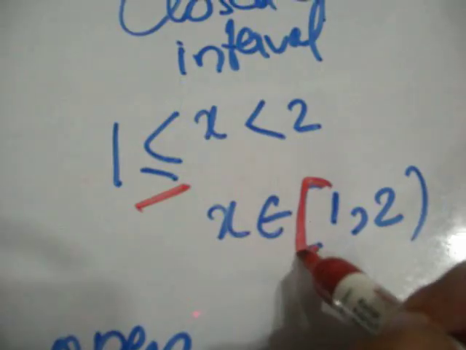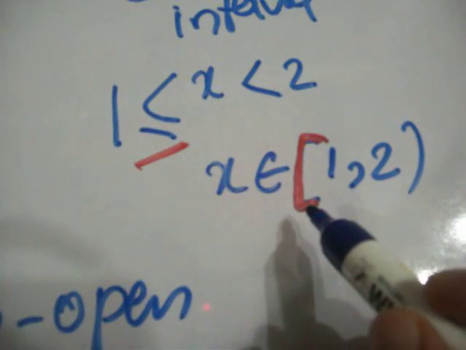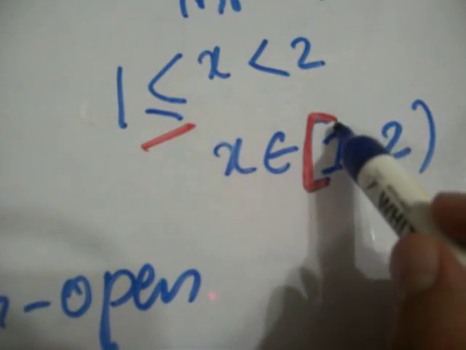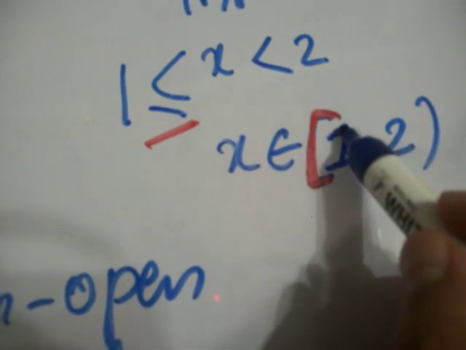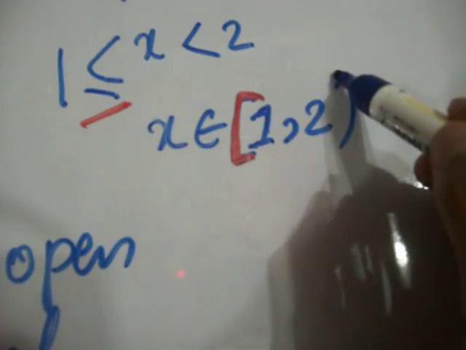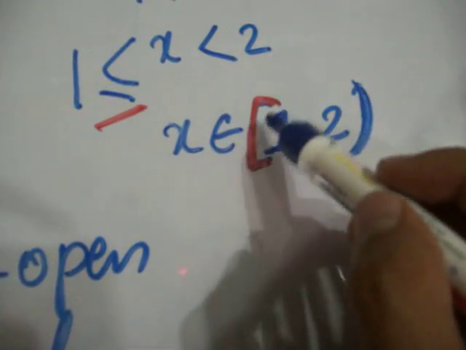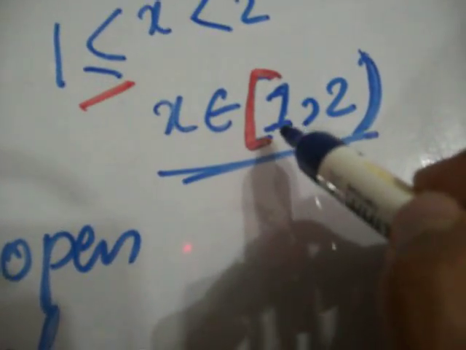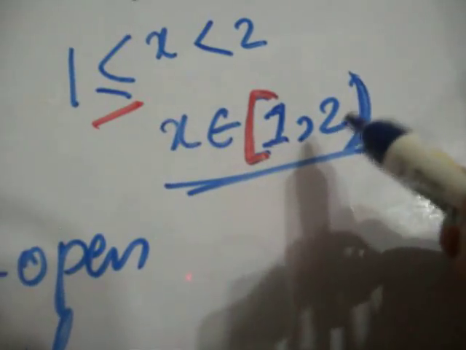Basically the equal to sign attached to the inequality gives us the closed bracket. The closed bracket means that it also contains the value which it is signed against. This means that x has the value 1 and anything between 1 and 2 but not 2, because this is a curved bracket and this is a square bracket.